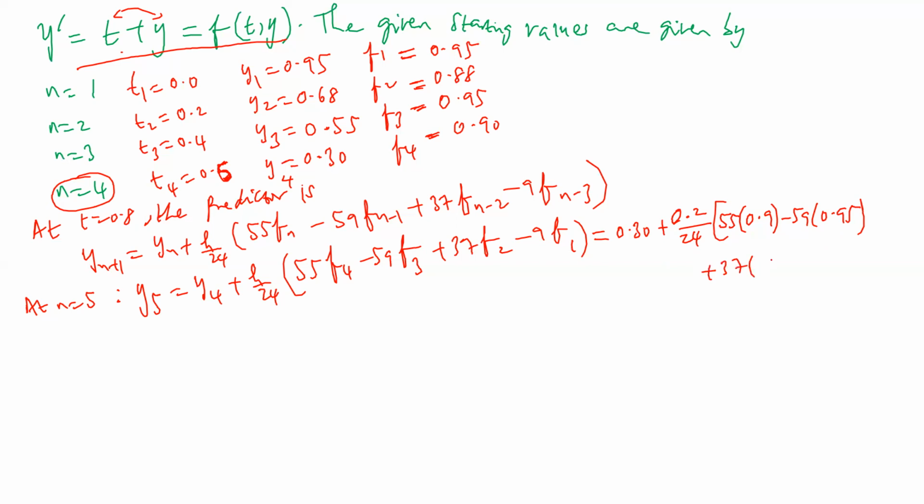This is popular, just going through it. F2, 0.88, minus 9 F1, 0.95. Which is 0.4455. That's what we get from this.